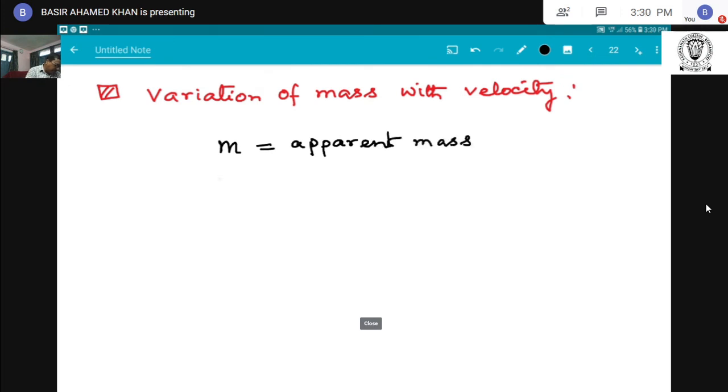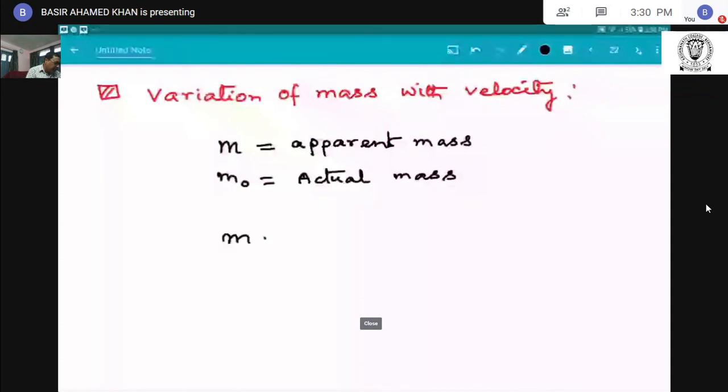Let m be the apparent mass when the particle moves with velocity v, and m0 is the actual mass, or rest mass.